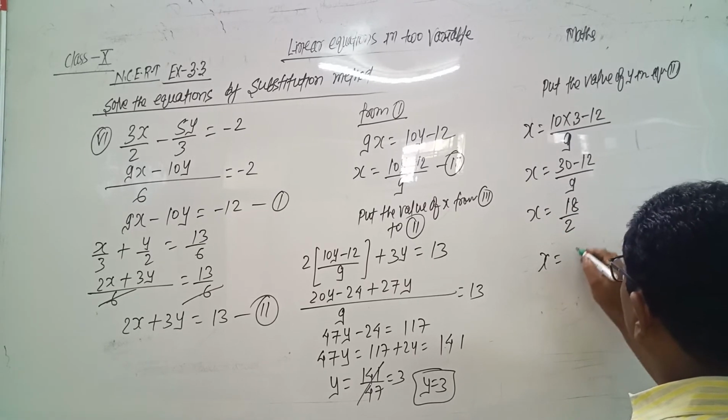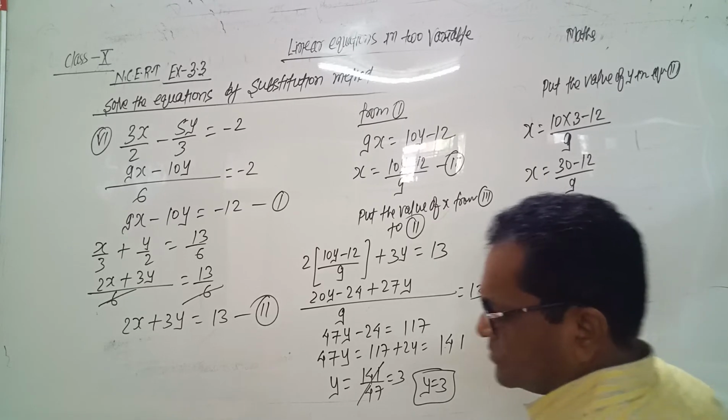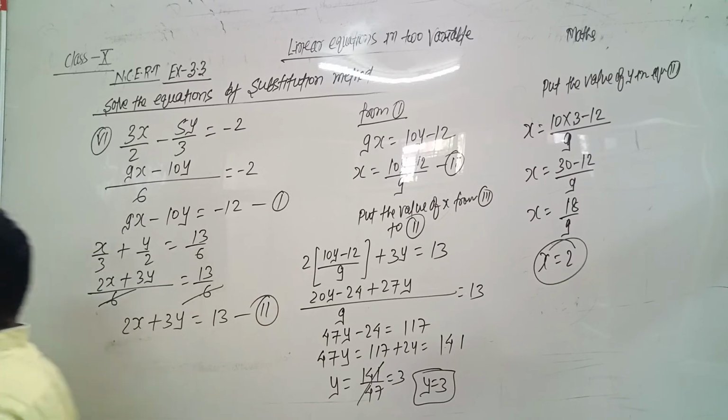And we get x equals 18 divided by 9. So these are the two solutions, x equals 2 and y equals 3. If we put the value of x equals 2 and y equals 3 in any one of the equations, the LHS and RHS must be the same.